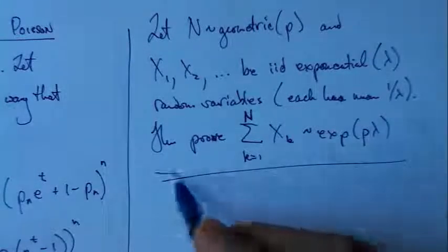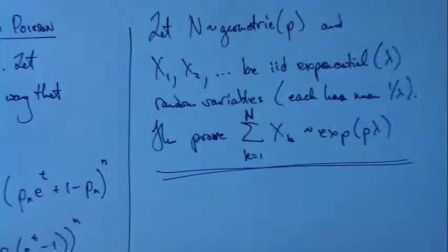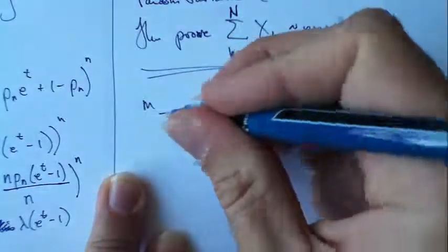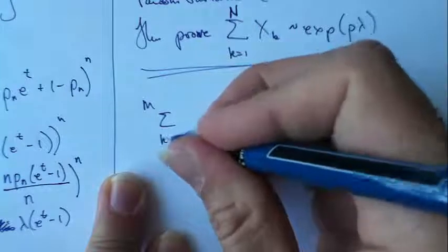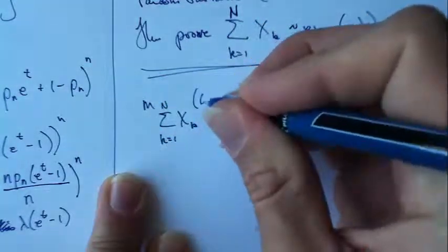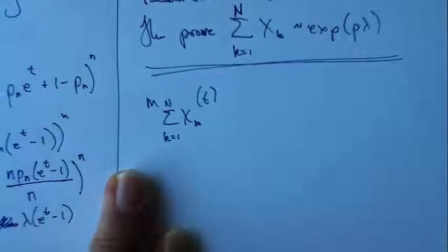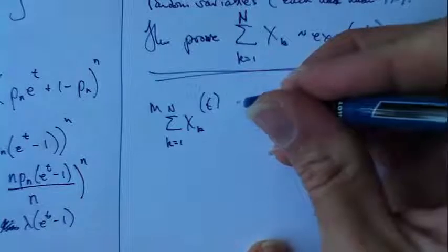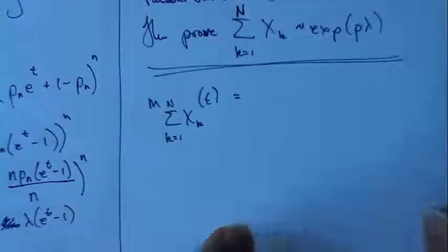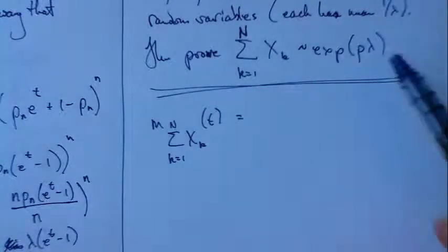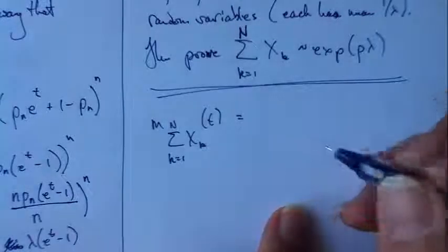So we can do this with moment generating functions. What I'm going to do is write down the moment generating function for that random sum. I'm going to hopefully show that it has the same form as the moment generating function for an exponential, but with parameter p lambda instead of lambda.